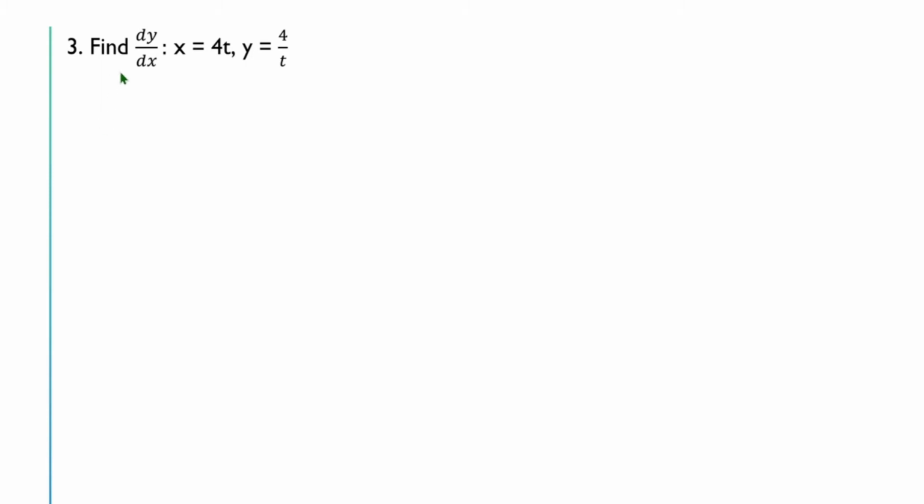Next question, find dy by dx. x is equal to 4t and y is equal to 4 by t. So here dx by dt is 4 and dy by dt is minus 4 by t square.